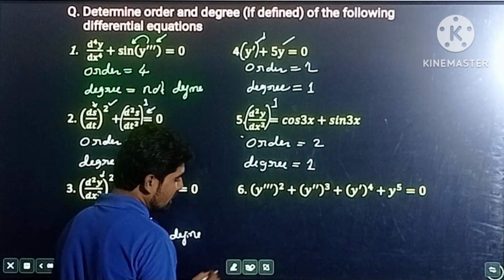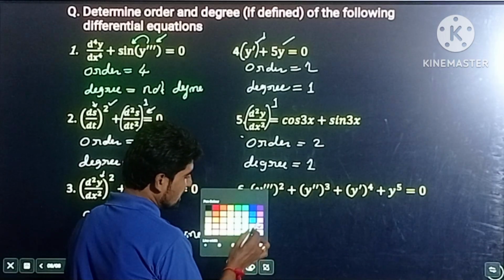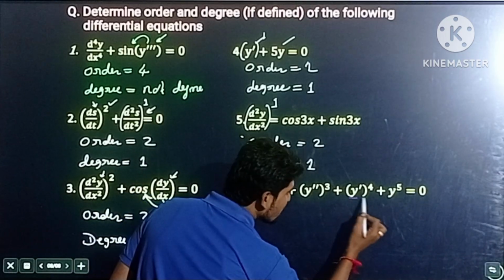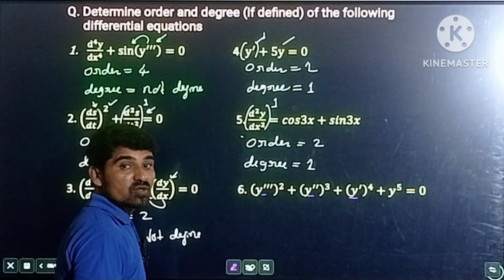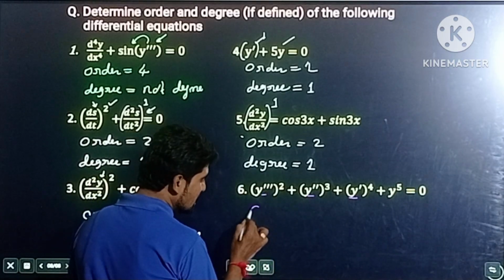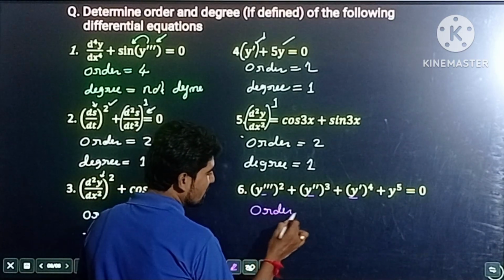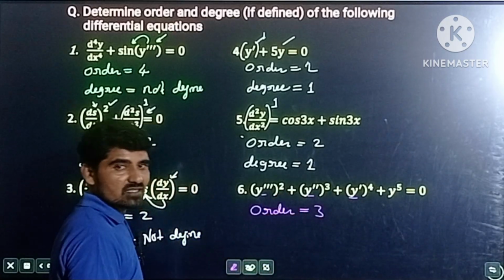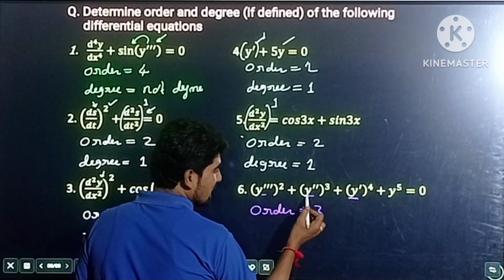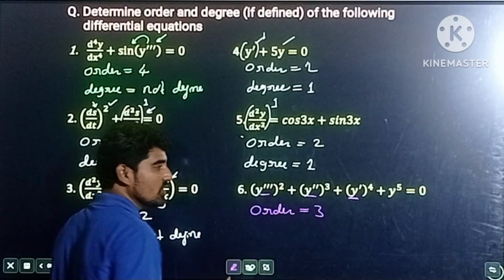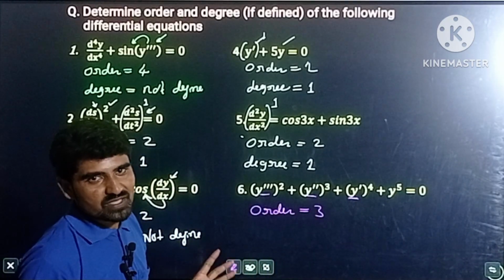And sixth one, observe here, in this differential equation, first order derivative, second order derivative and third order derivative are involved. Among these, highest is third order derivative. Therefore, order of this differential equation is 3. And these derivatives are not attached with any of the other function.